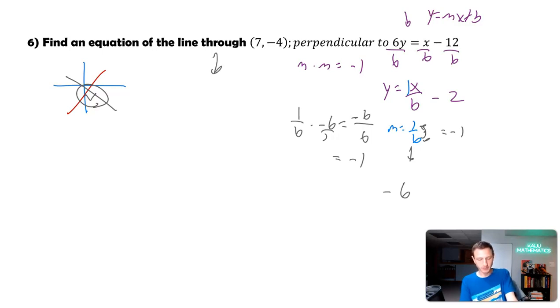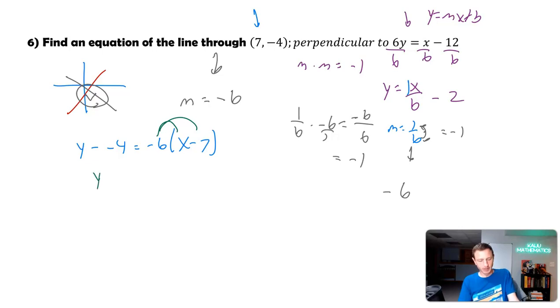So this new equation is going to have the slope of -6 because that is the negative reciprocal to the other line's slope of 1/6. So we're using that slope of -6, and we want to go through this point that is not a y-intercept or anything. So y minus y1 equals the slope of -6 times x minus the x1. Distribute the -6.